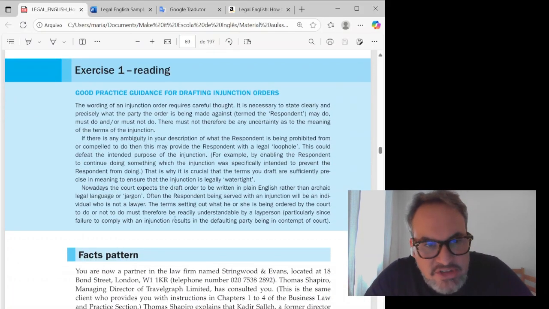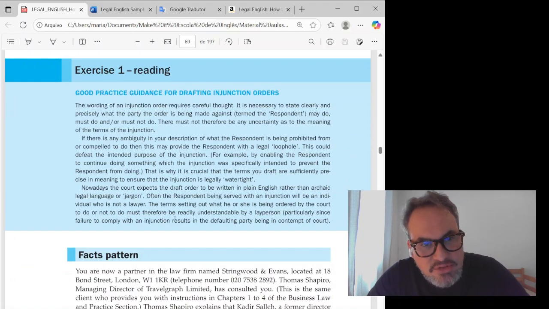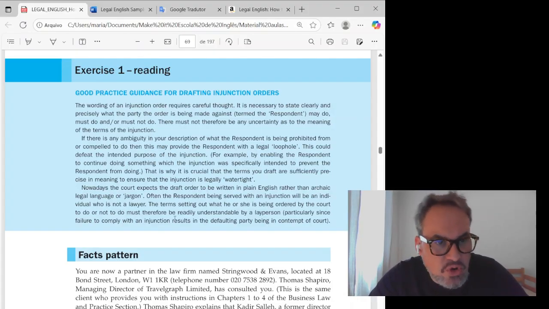The wording of an injunction order requires careful thought. It is necessary to state clearly and precisely what the party the order is being made against, termed the respondent, may do, must do, and or must not do. There must not therefore be any uncertainty as to the meaning of the terms of the injunction.